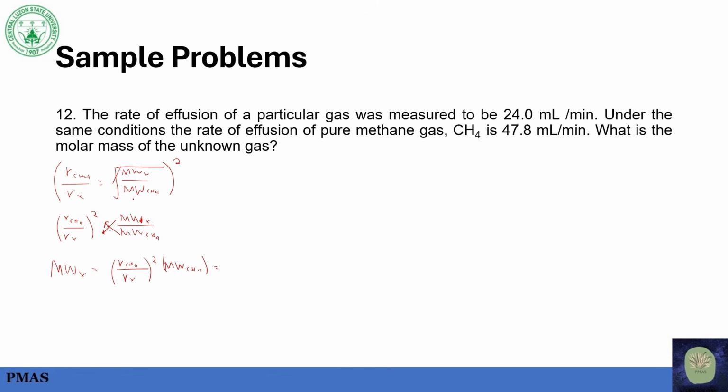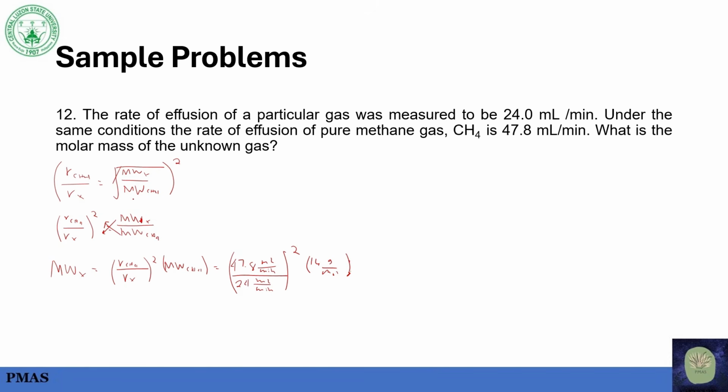Okay? So we can now put the values in our equation. The rate of CH4 is 47.8 ml per minute. Okay? This is over the rate of the unknown gas, which is 24 ml per minute. And this is squared and multiplied with the molecular weight of CH4, let's say 16 grams per mole.